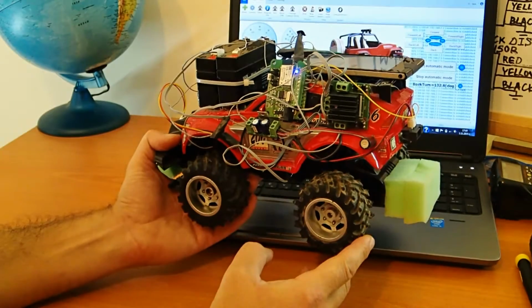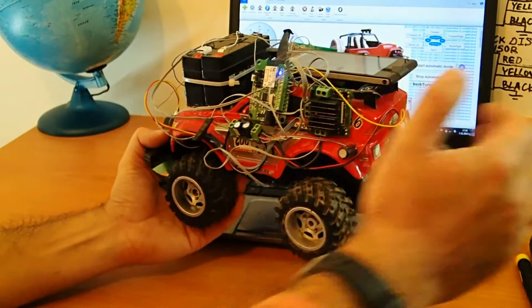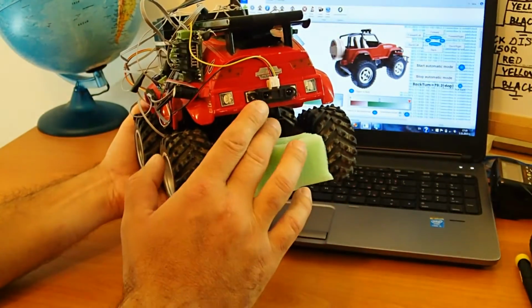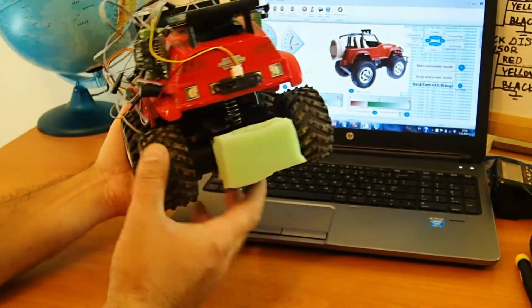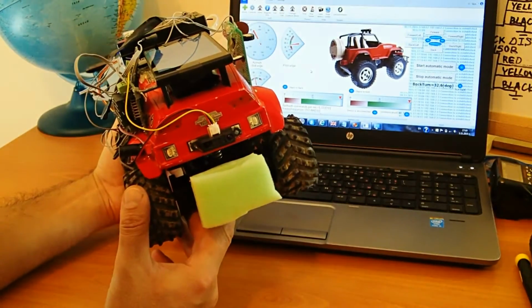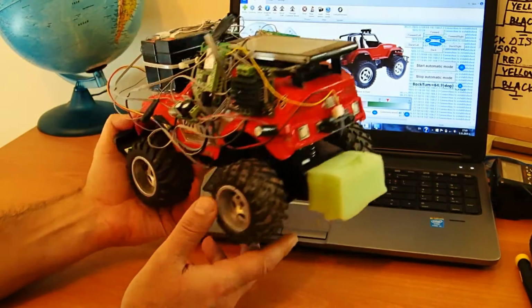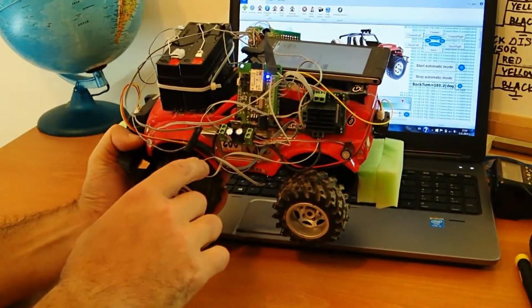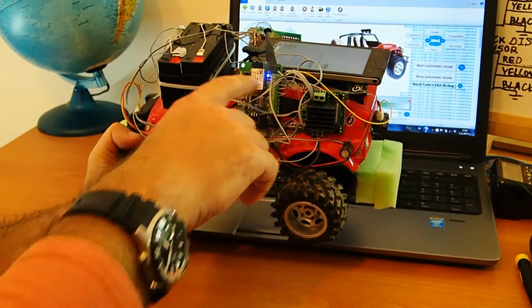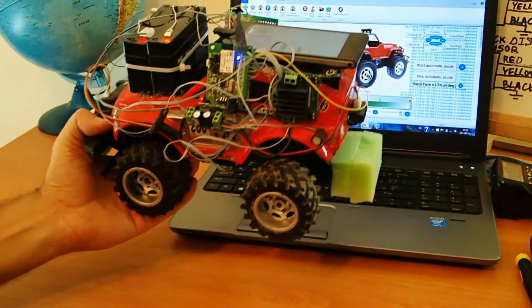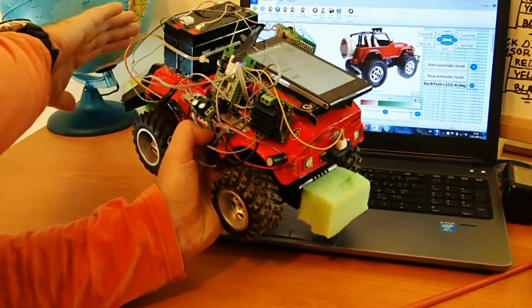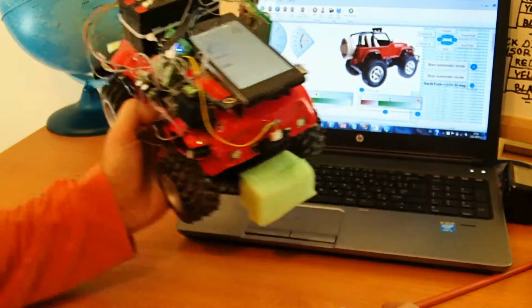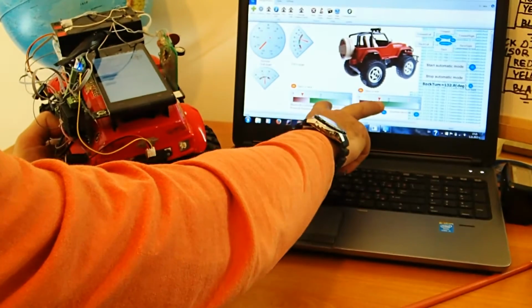To measure the distance between front object and back object, I use two Sharp distance sensors with analog outputs. They work in range 10 to 80 centimeters, and they are connected to two analog inputs of Numato Bluetooth device. The distance between the car and front object and back object is shown on these two controls.